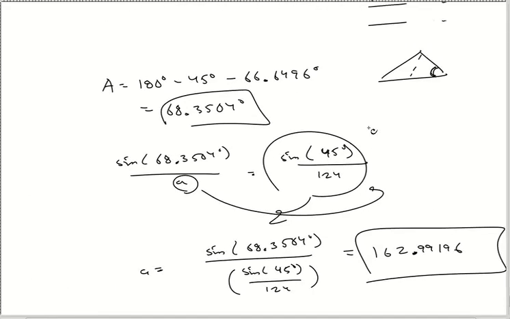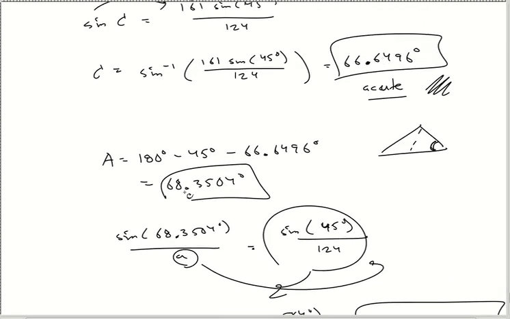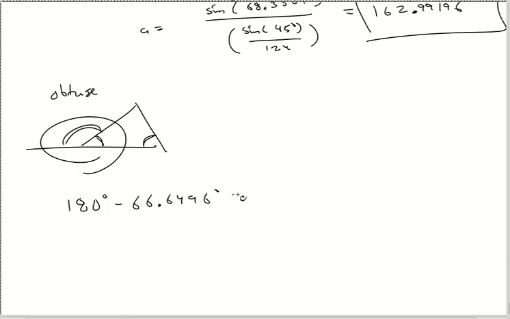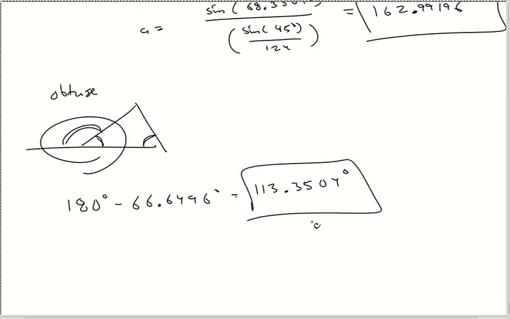I know this kind of looks similar: look, 66 versus 68. I'm using the acute to find the obtuse. So I 180 it, and I got 113.3504. Again, I'm probably going more decimal places in my calculations than what I'm writing down. Just saying.